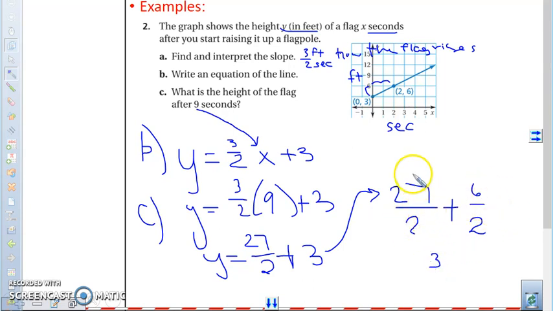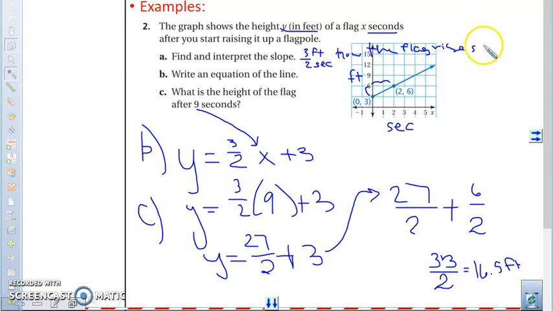Oh my goodness, what am I saying? 27 plus 6 is 33. 33 divided by 2 is 16.5 feet in 9 seconds is how high our flag would be.